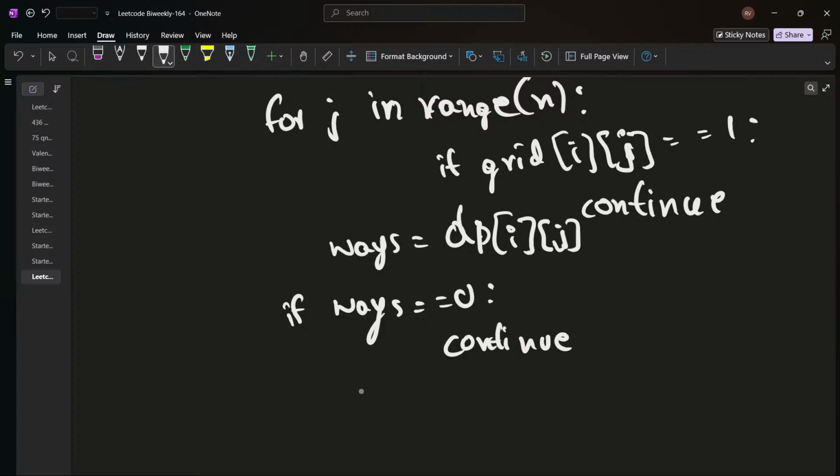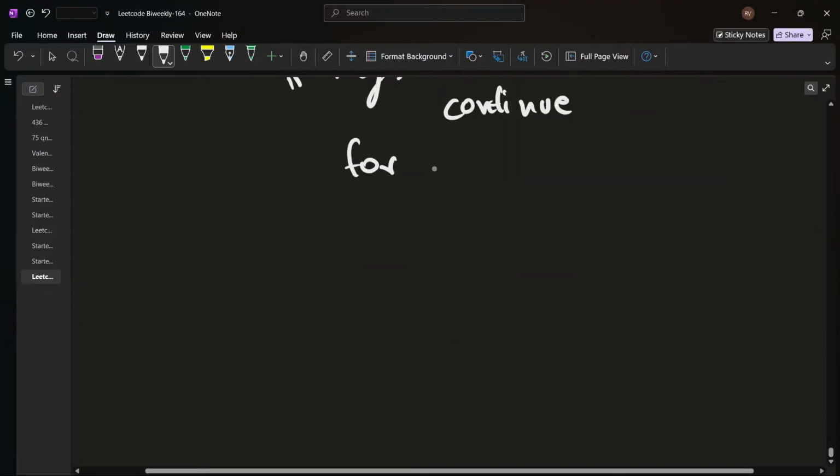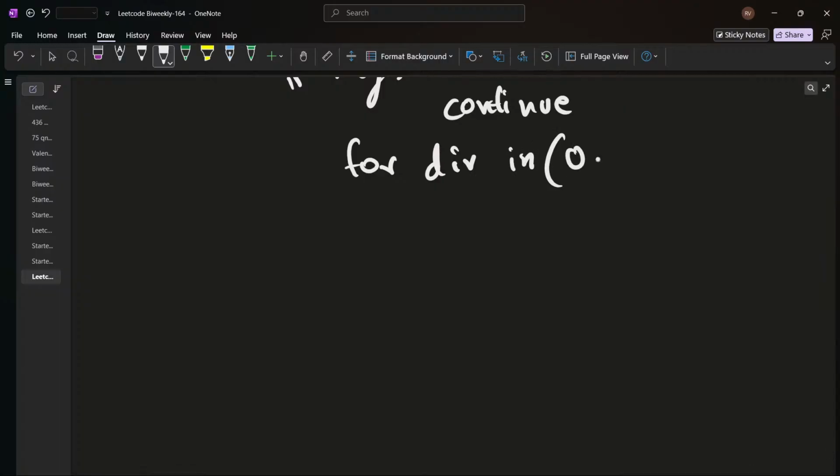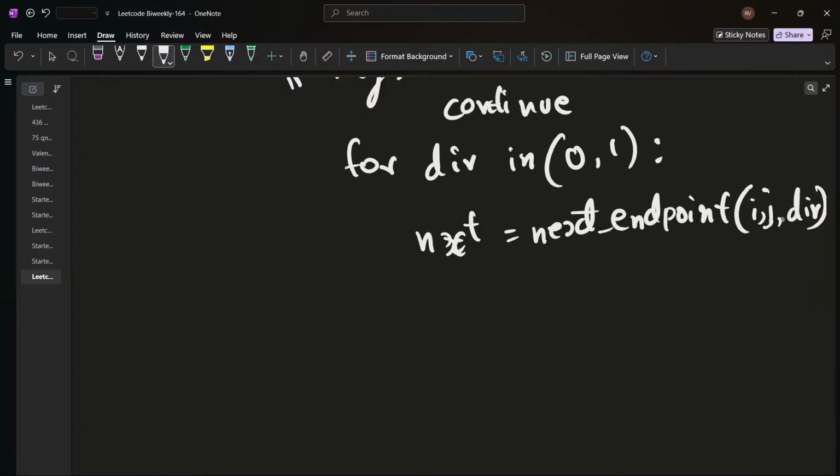Now I'll put one more loop for direction dir in 0 comma 1. This is for trying both the directions. I'll take next is equal to next endpoint of i comma j comma direction. Now I'll take an if condition.